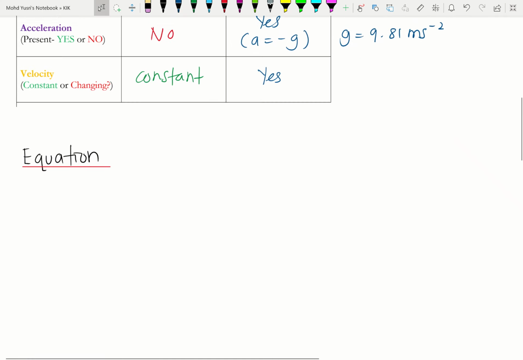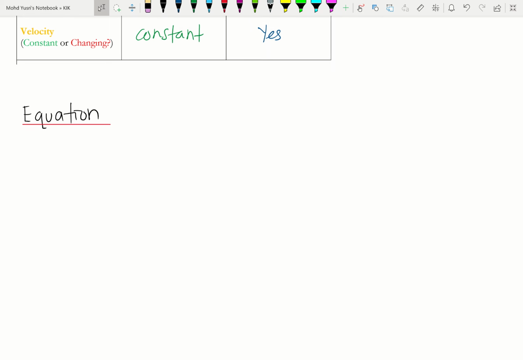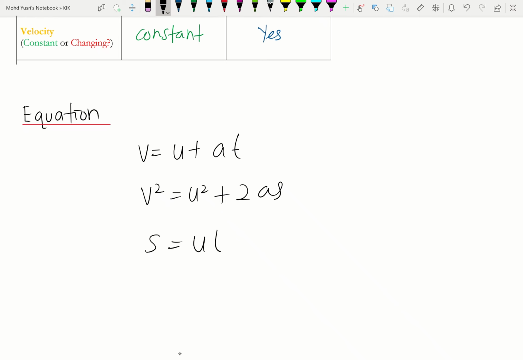To solve problems related to projectile motion, we can use the equations developed in subtopic 2.2. The three equations are v is equal to u plus at, v square is equal to u square plus 2as, and s is equal to ut plus half at square.